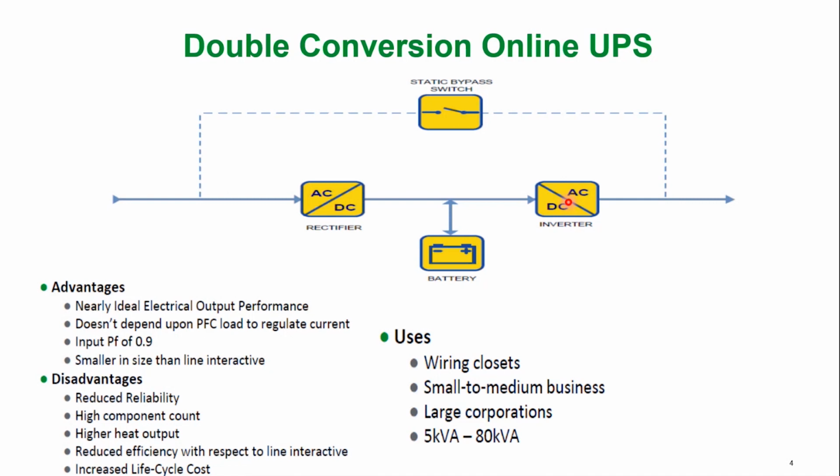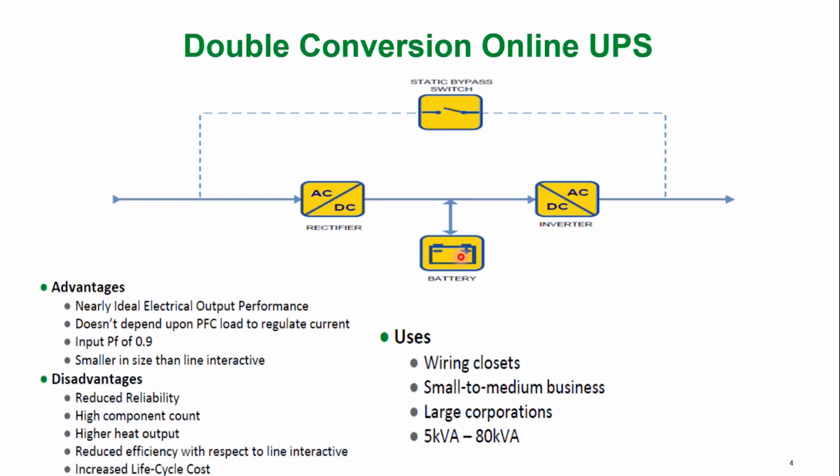This is the reason we call this topology double conversion. It means both the conversion of the power from AC to DC and DC to AC is happening at the same time.